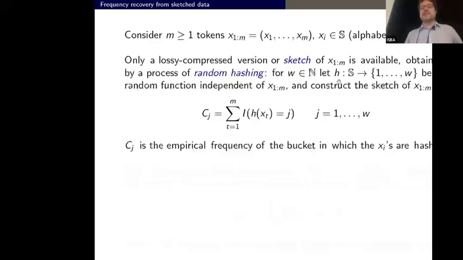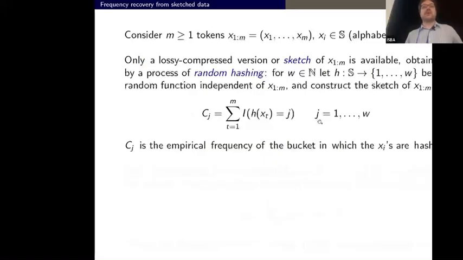What does that mean? It means that I pass my data through a random function, which is a hashing function, and I map each data point into this space, and W is something that I select. Basically I construct these Cj that are called buckets.